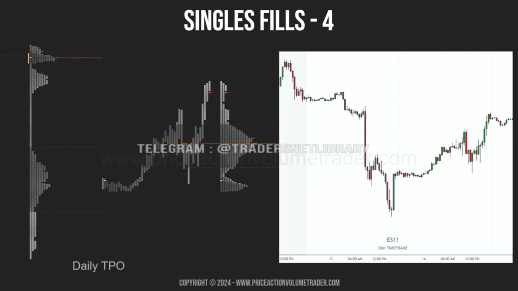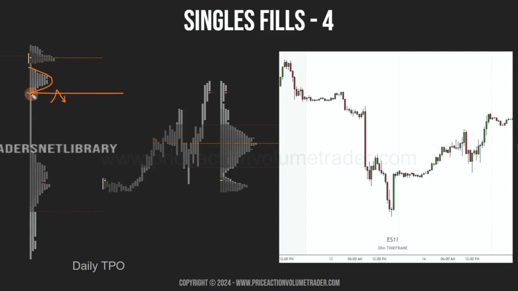And remember, when we have the singles, the larger the accumulation of TPOs, or the larger this high volume node is, then we can expect a stronger rejection off of this single print, in this case the breakdown point. And we look for two things, like we talked about on the other strategies before.